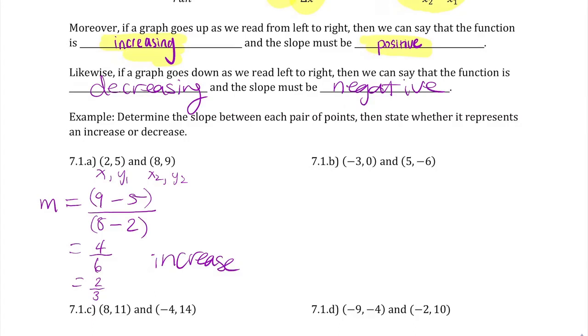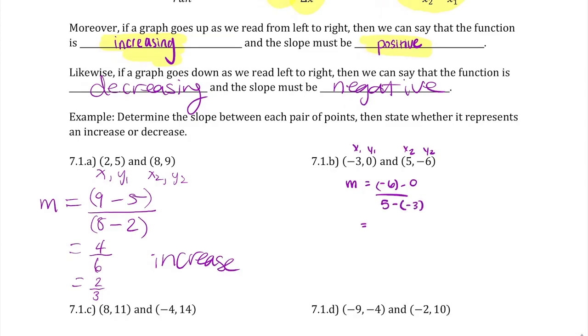All right, with our next pair of points, we could do the same thing. We could label our x1, y1, x2, and y2, and substitute into our formula. So we have our slope, represented by a lowercase m. Then we plug in our points. Our y2 is -6, our y1 is 0, our x2 is 5, and our x1 is -3.